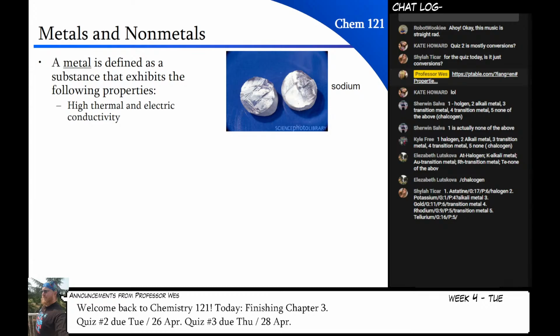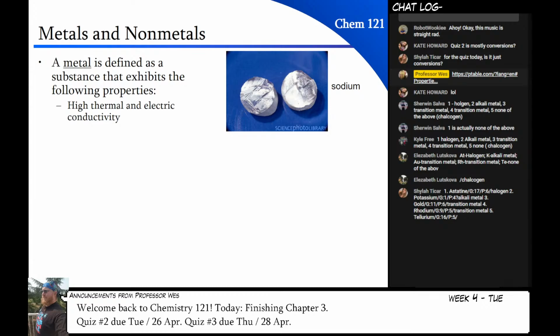Metals are very good at conducting both of these things because electricity is the flow of charged particles. Electrons are very mobile in metals based on how their bonding happens. And they're easily able to conduct heat because all of the metal atoms are in very close proximity to one another. So they just vibrate and bonk into each other and move heat through the metal efficiently.